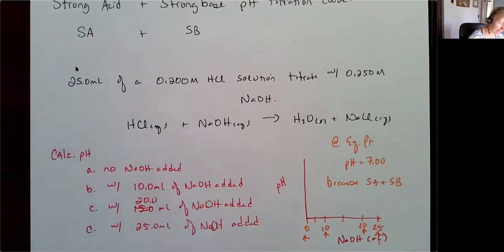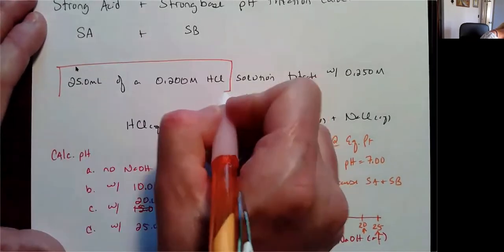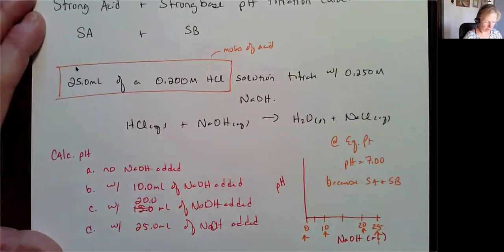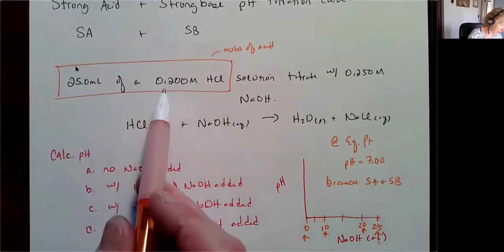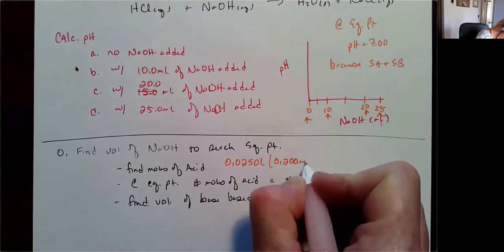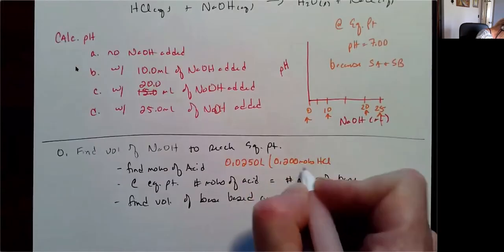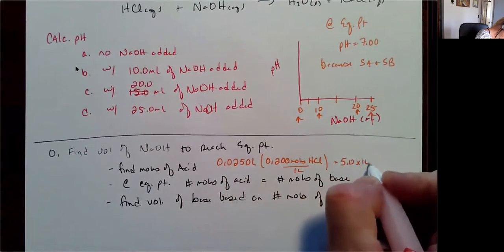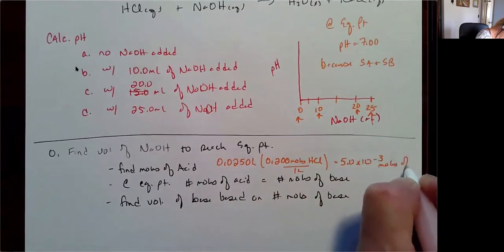So I'm going to take this and find moles of acid. That's going to tell me how many moles of acid I have in that solution. So I'll take 25 and divide this by 1,000 and multiply it by 0.2 because that's how many moles of HCl in 1 liter. That's going to give me 5.0 times 10 to the minus 3 moles of HCl.